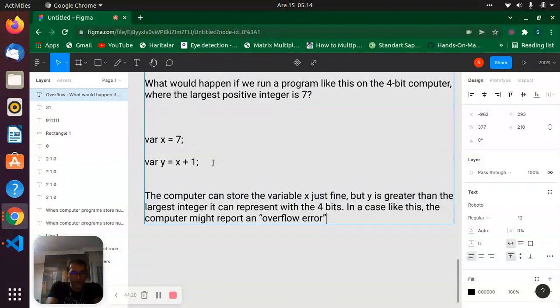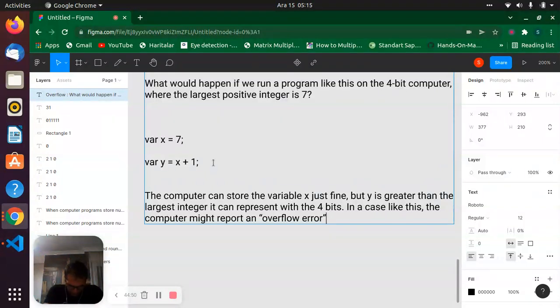Why overflow error? It's all about x plus 1, because 7 is okay, but 7 plus 1 is a problem, because with 3 power of 2 we can represent just 7, so you have to subtract 1. So 4 plus 2 plus 1 is 7 already, right?